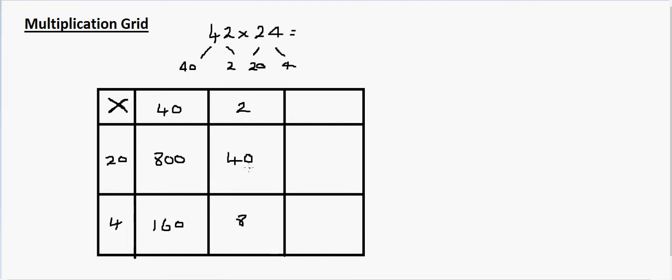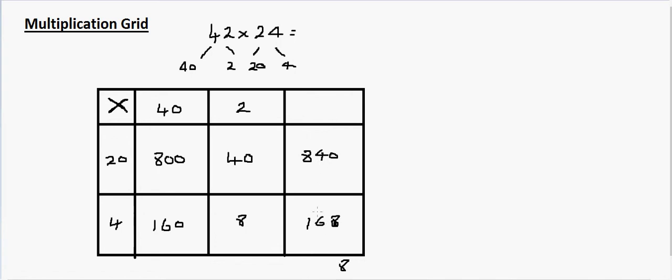So what I would do is I would add 800 plus the 40 is 840. Now 160 plus 8 is 168. Oops. And then I would add these two together. So 8 plus nothing is 8.